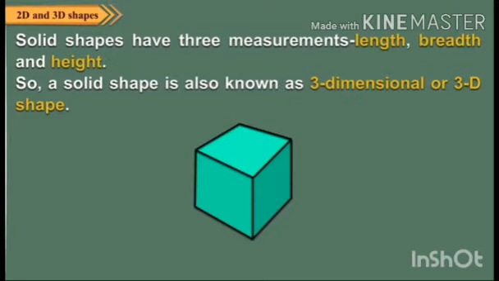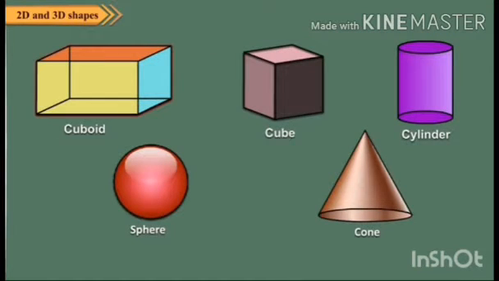A cube is like a dice or any box. Here is a carton box: here the face, here the edge, here the corner or vertex. So a corner is also called a vertex. Here cuboid, cube, cylinder, sphere and cone are solid shapes.